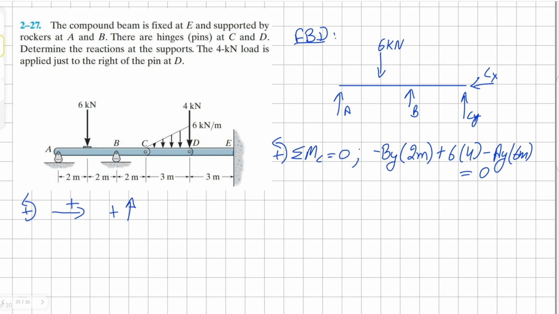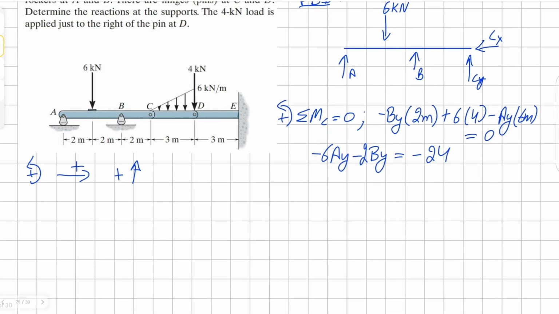Solving this equation, you get negative 6Ay minus 2By equals negative 24. I'm going to leave it here for now.